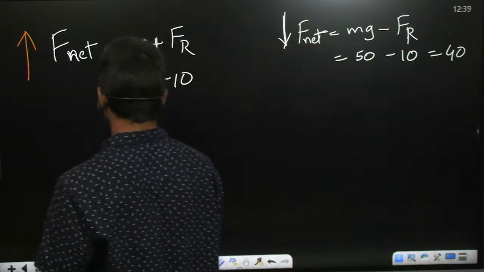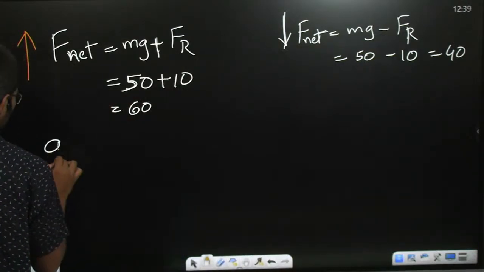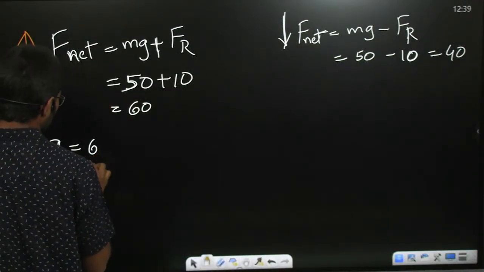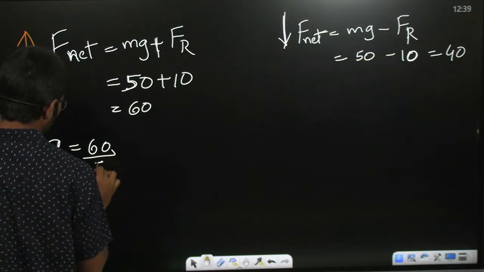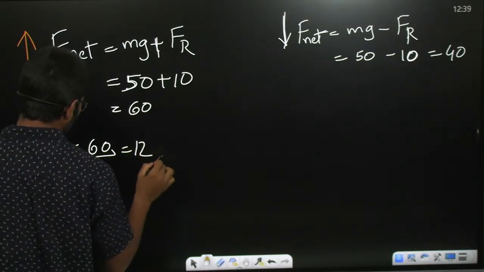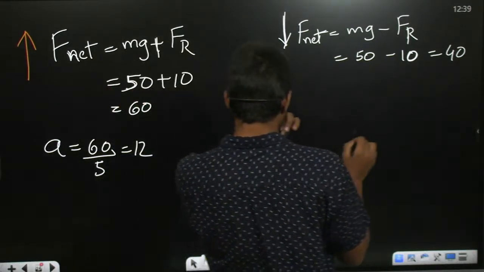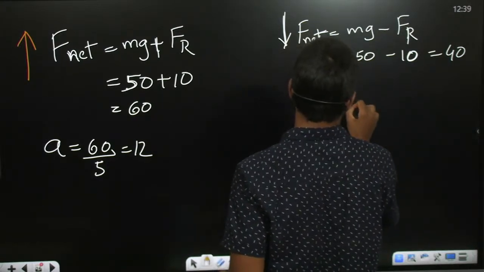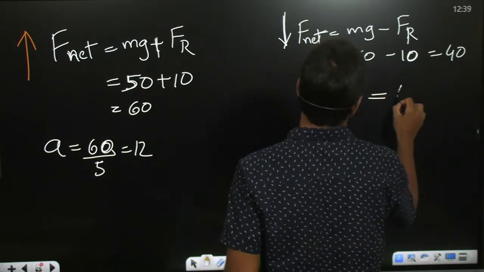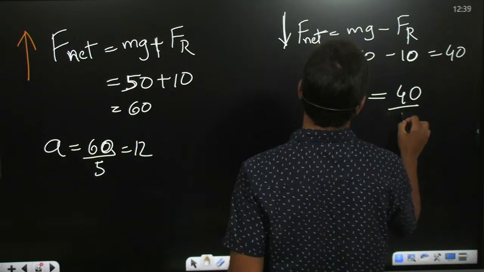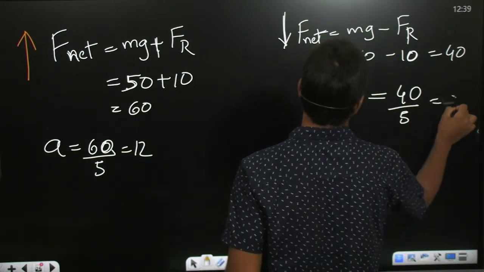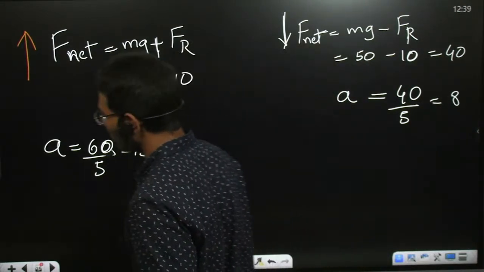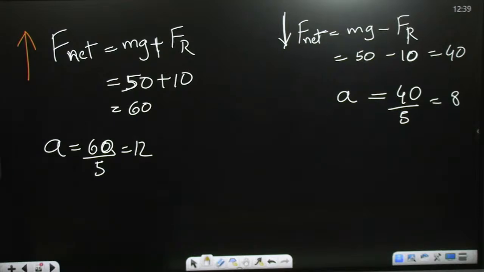What is the acceleration? 60 by mass 5, 12. And while moving down, 40 by mass 5, 8. See, acceleration while going up is different and acceleration while coming down is different.